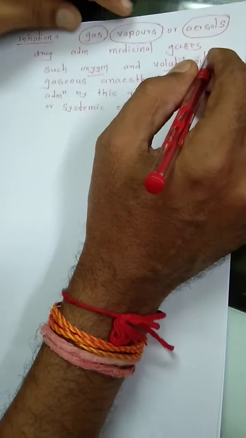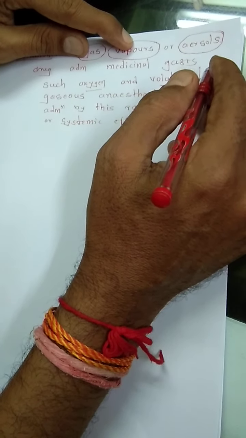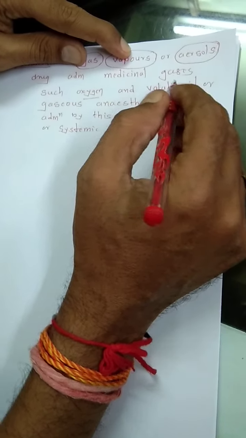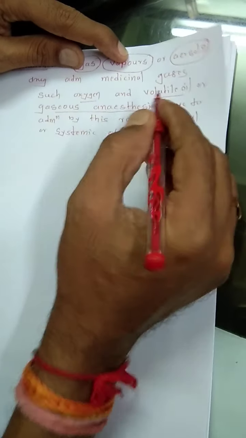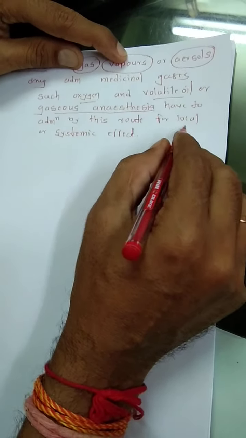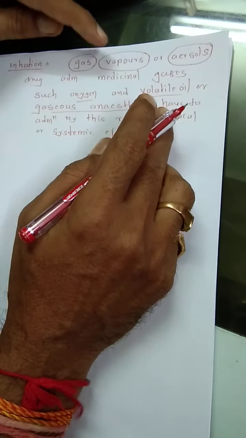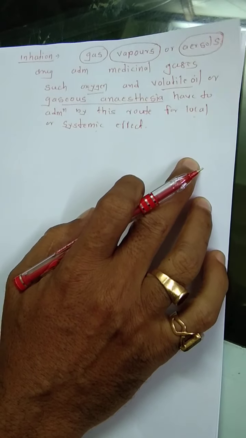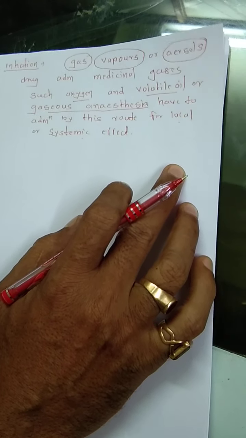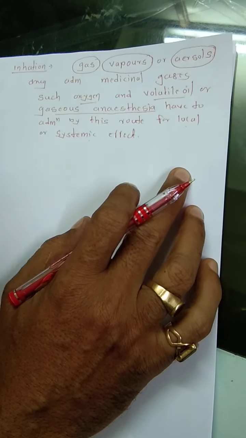You know the property of volatile oil is that it evaporates at room temperature, and gaseous anesthesia you can administer by this method, for local or systemic effect. Inhalation means you can inhale the medicinal gases through the nasal cavity, and they go into the lungs. That is called the inhalation process.